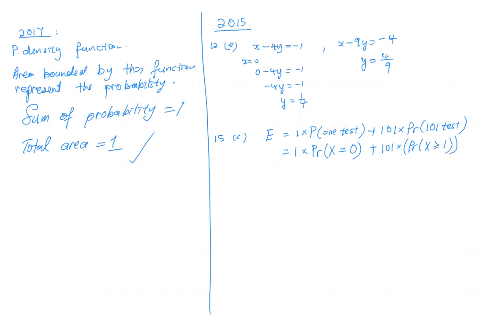So this is equal to 1 times NC0 P to the power of 0, (1 minus P) to the power of N, plus 101 times 1 minus the probability of X equal to 0. So you have this, then you can get the formula.